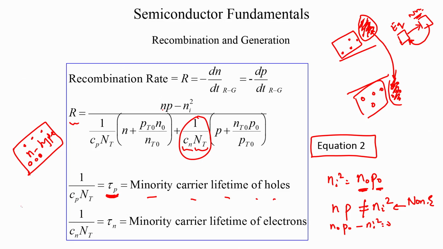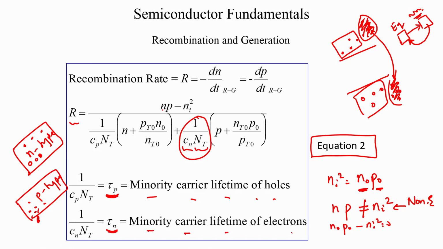Similarly, if we inject electrons into a p type semiconductor, so in a p type semiconductor holes are the majority carriers, electrons are the minority carriers. If we inject electrons into a p type semiconductor, then they would last for a lifetime of about tau n seconds before they recombine. So, that is called the minority carrier lifetime of electrons.